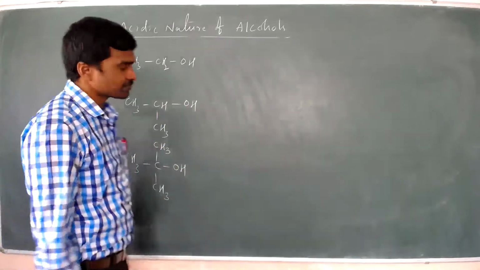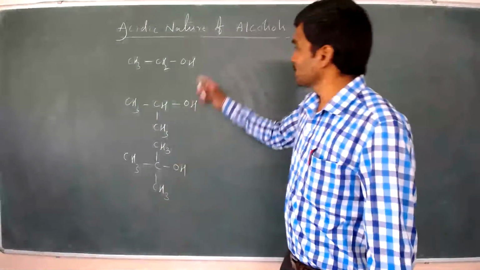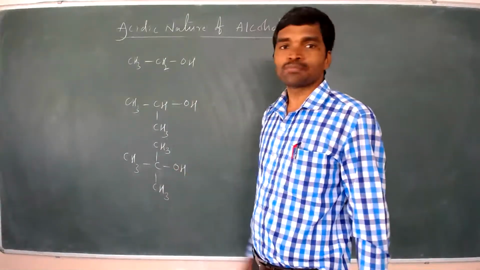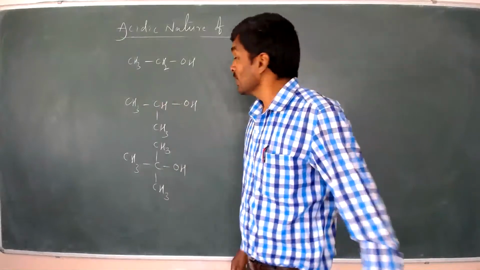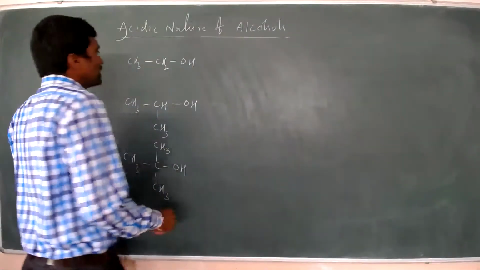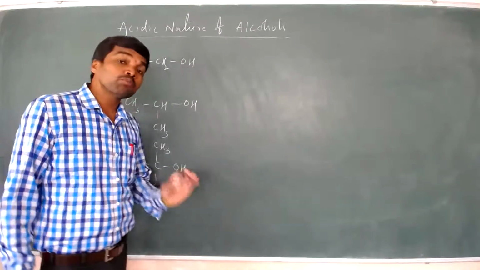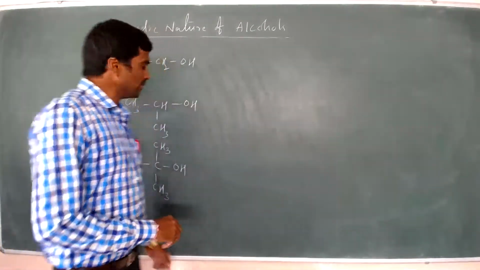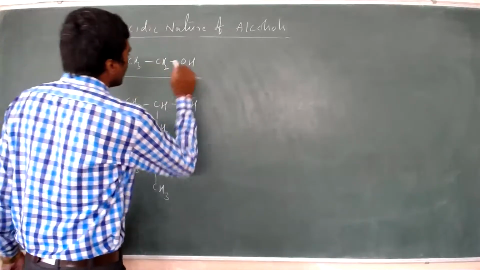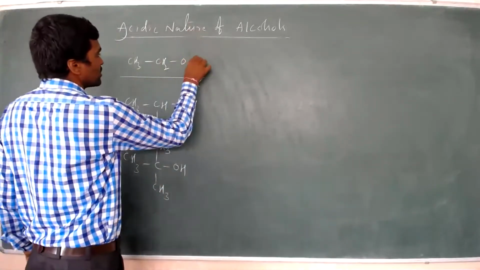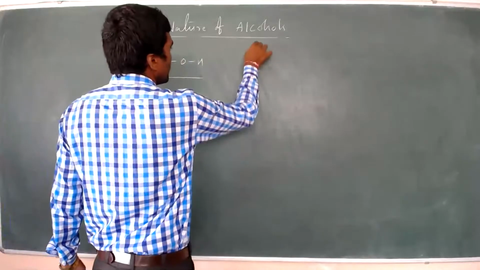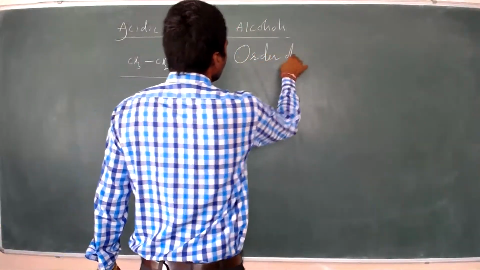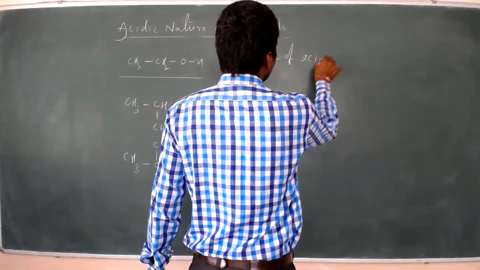Three alcohols I have taken. Now in these three alcohols, which is more acidic in nature? Now you remember, primary alcohols are more acidic in nature. Order of acidic nature.